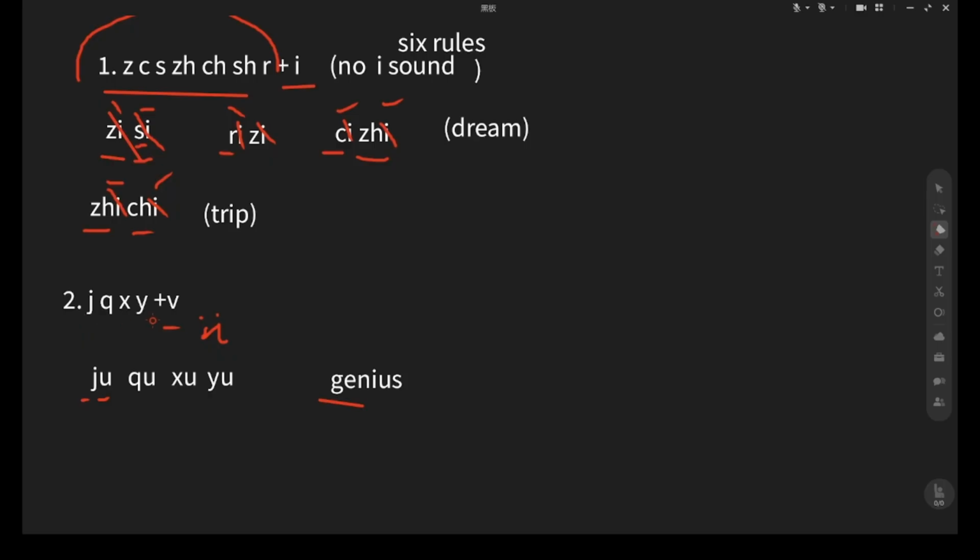When j, q, x are together with u, the two dots disappear. So remember, this is not u, it's still ü sound, okay? Try to remember this group with u together. This group never goes with ü. When you see this u, it is actually ü, just with the two dots disappeared.